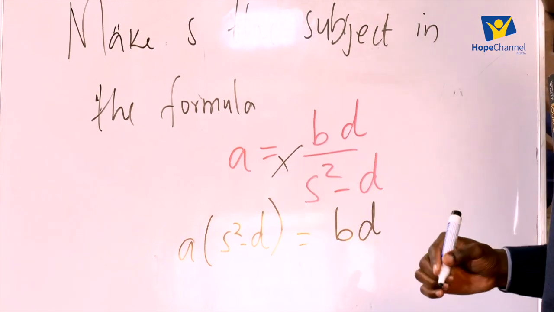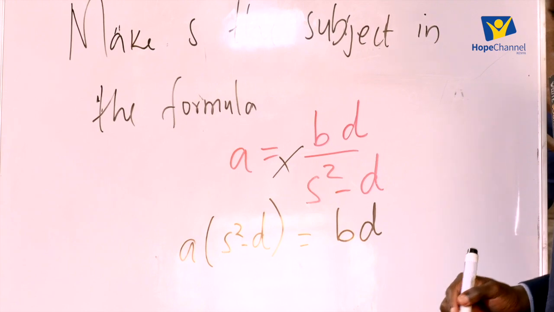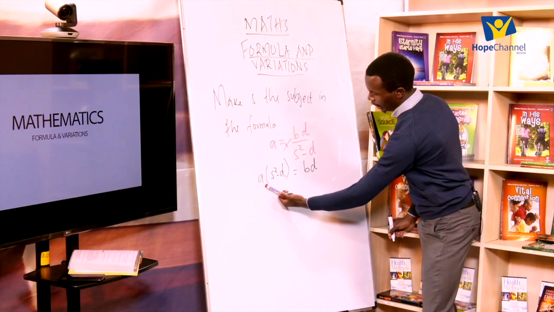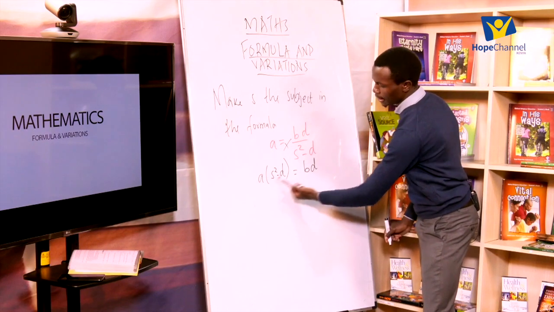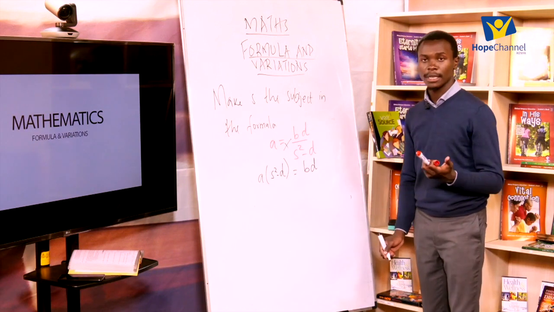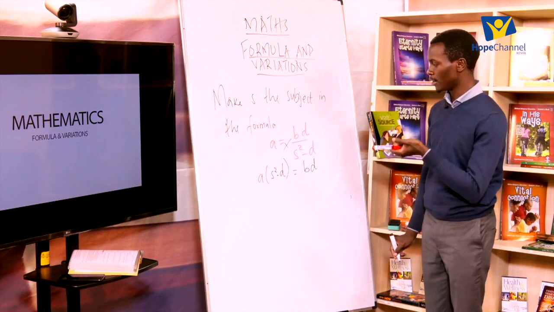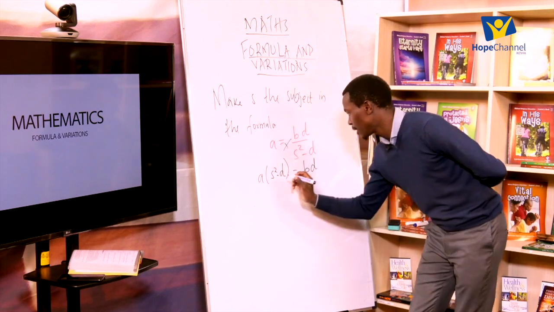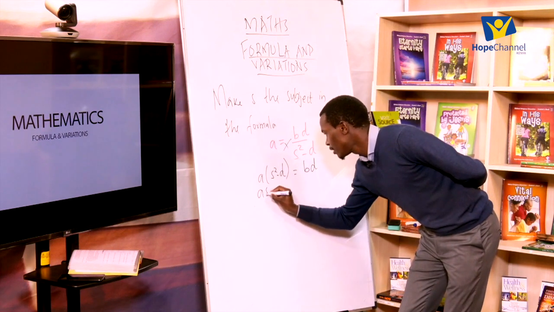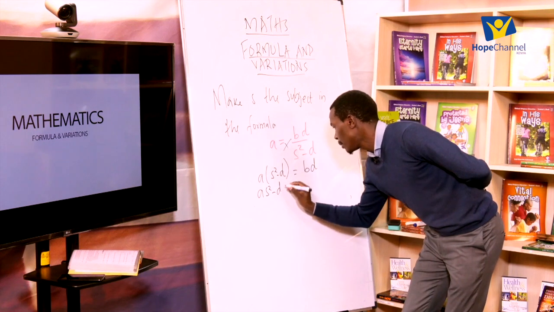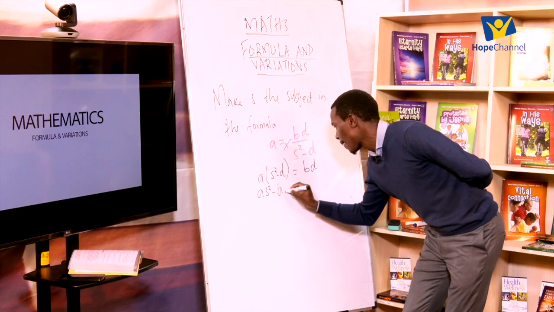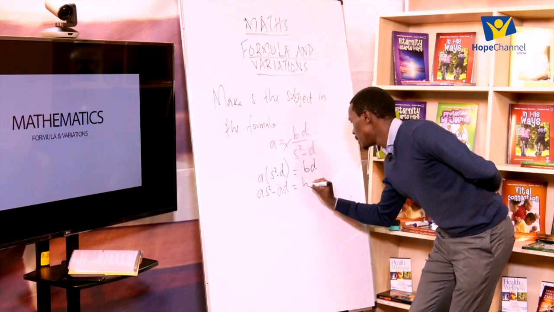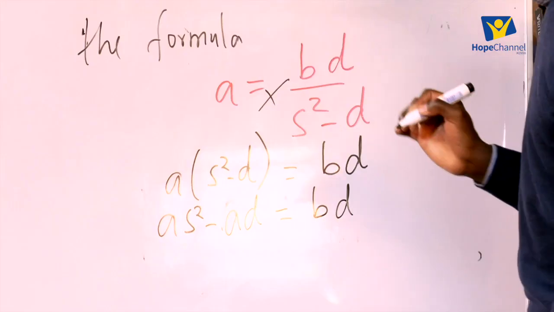Cross multiplying, so that we have s squared on the other side. Now because our s squared, or rather s, is in the brackets, the next step after cross multiplying is opening the brackets. And by opening the brackets on the left hand side, we'll have a s squared minus ad is equal to bd.